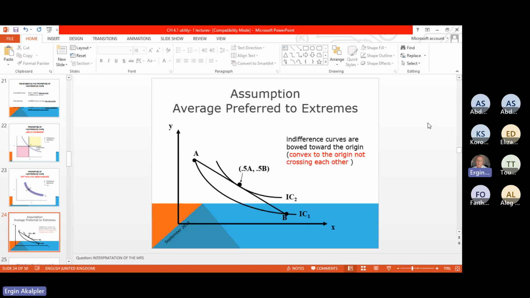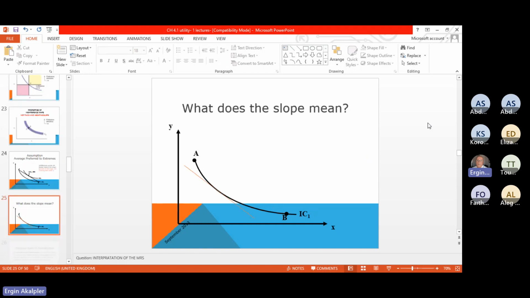There are some options. If the price changes, increases or decreases, it also affects this indifference curve and combinations, which we are going to introduce to you as the price consumption curves and income consumption curves. But for now, just concentrate on these properties.